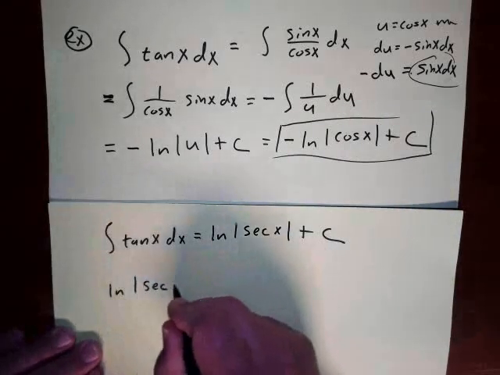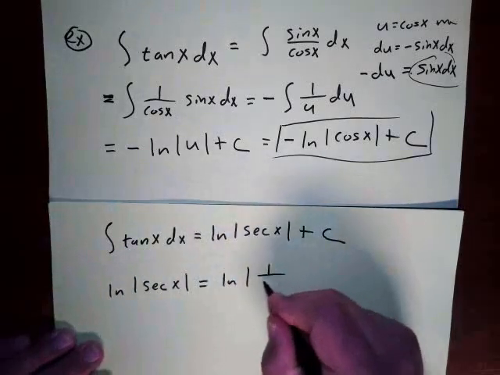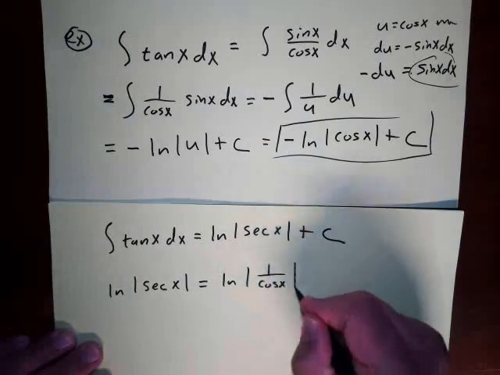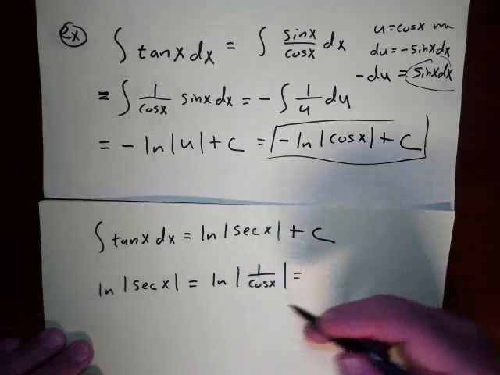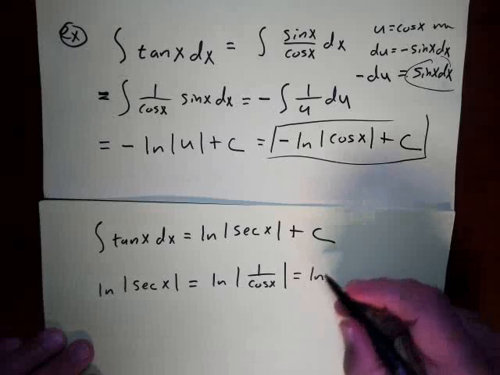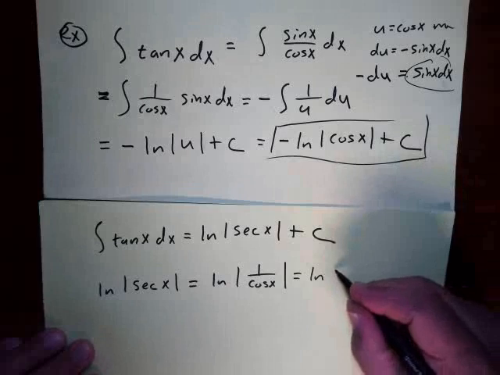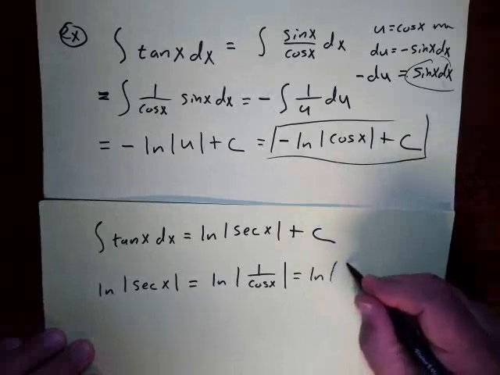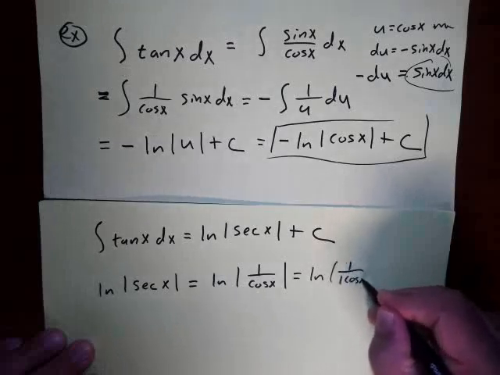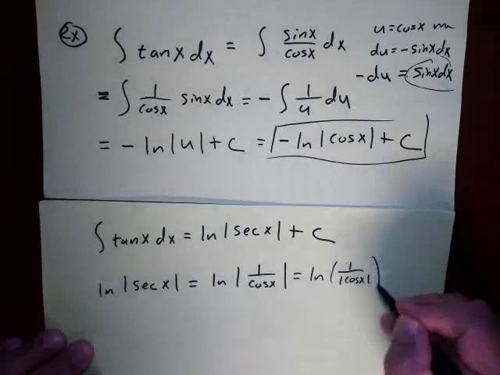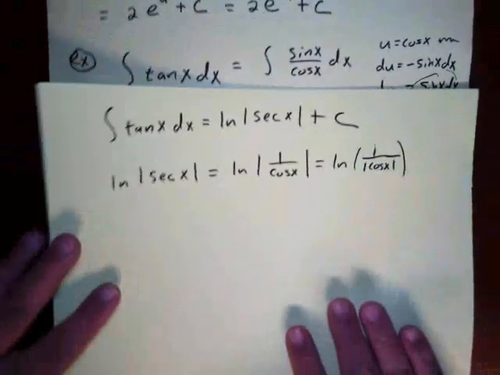Natural log of the secant of x is really equal to the natural log of 1 over the cosine of x, like this. And if you remember, you can split up the absolute value over top and bottom. So this would be equal to the absolute value of 1, which is 1, over the absolute value of cosine x. You could write it like that. And then there's a property of logs.